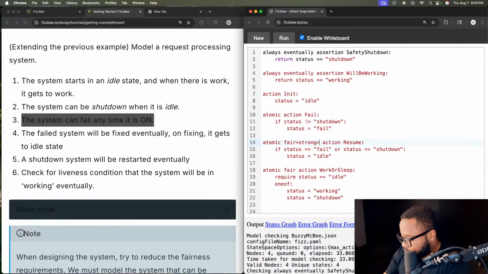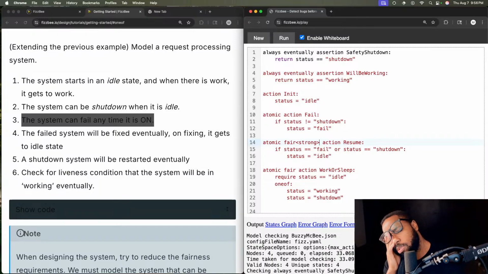Just because... wait, so what does strong fairness mean again? We want the thing to be continuously enabled and disabled.